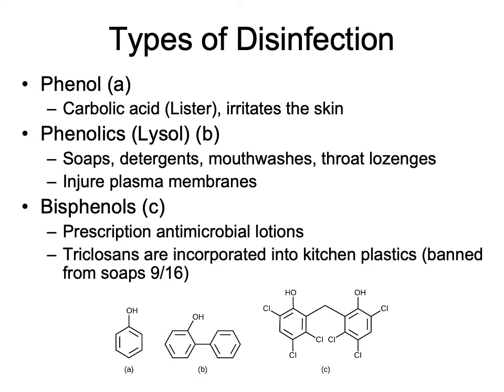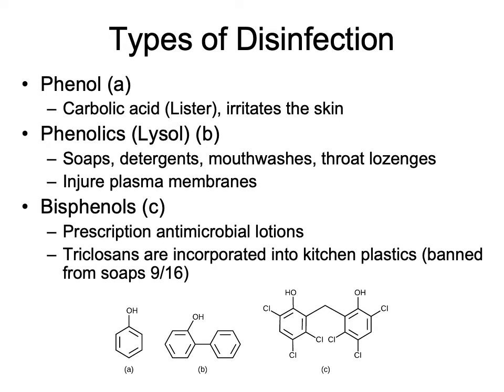It also helped. The problem is that BPA can leak from the plastic into the food that's contained within that plastic. And BPA has been found to cause neurological problems and many health issues. And so BPA was removed from many, many plastics that are on the market, the majority of the plastics.